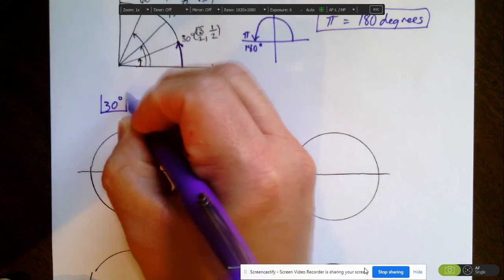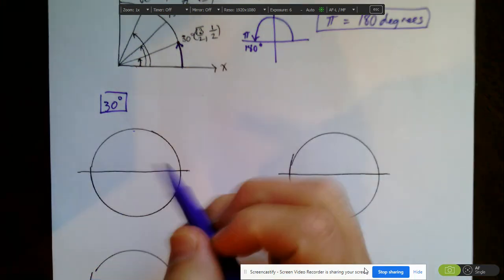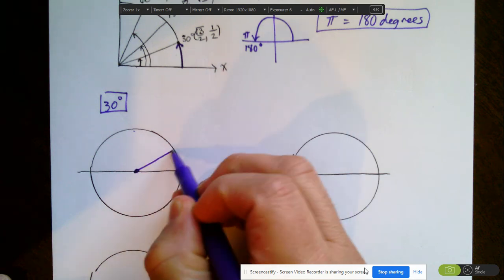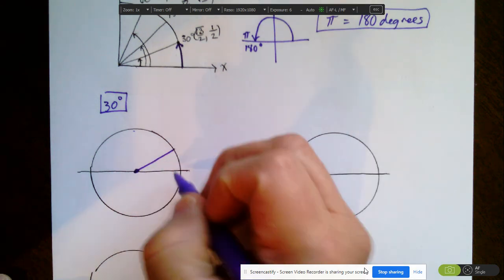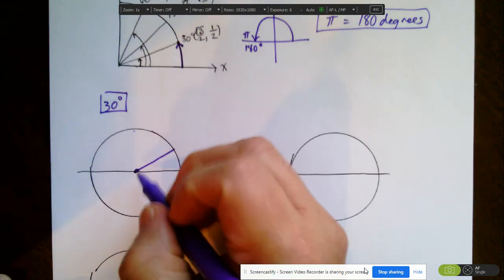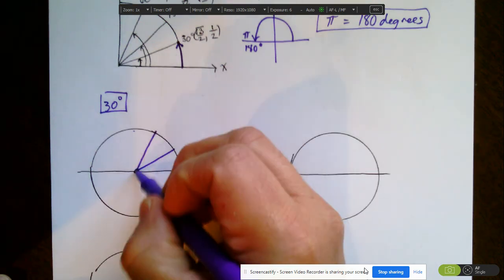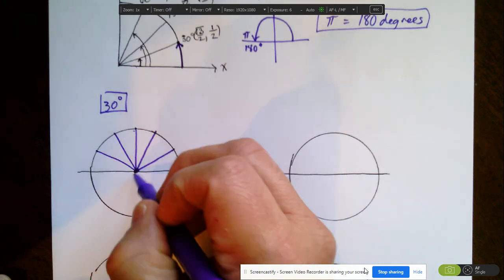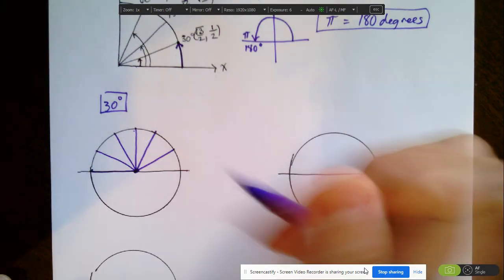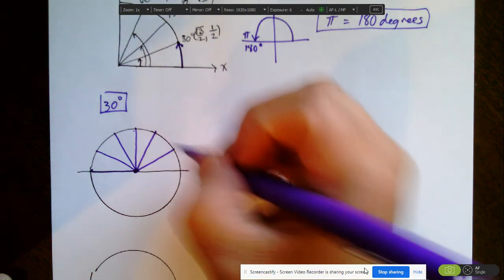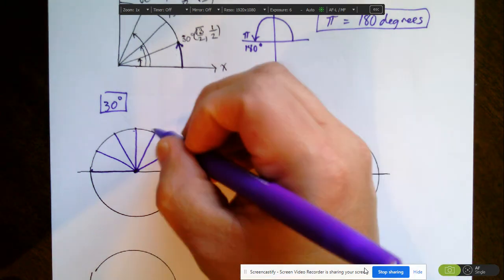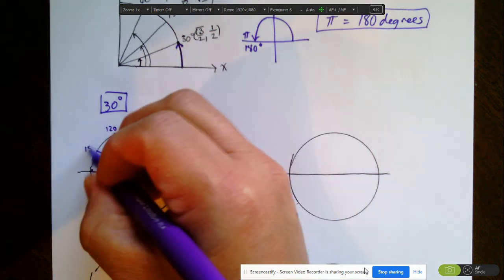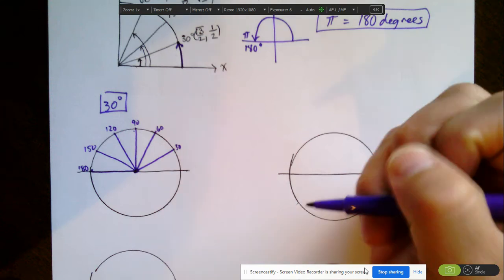At 30 degrees, what we can do is split up our circle into 30 degrees all the way around. So it'll be 30, 30, 30, another 30, another 30, and then another 30 here. So if we count, this will be 30 degrees, 60 degrees, 90, 120, 150, and 180.